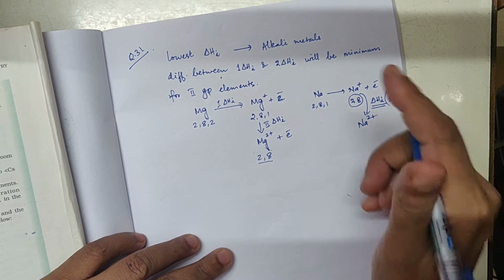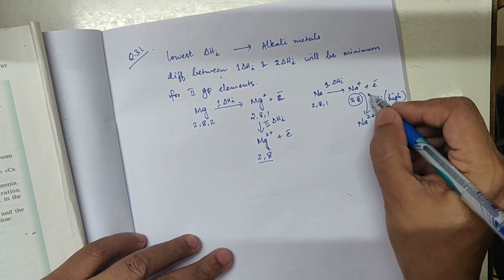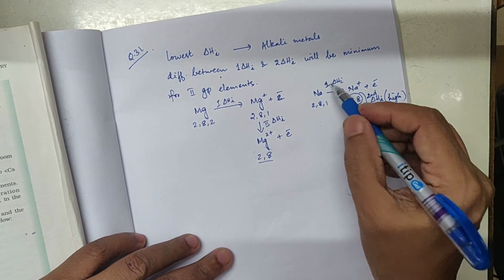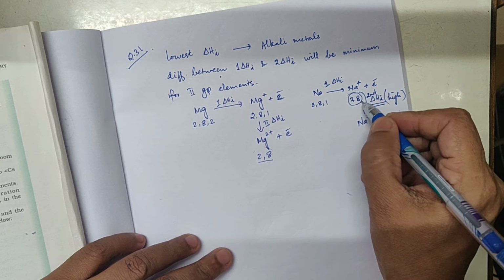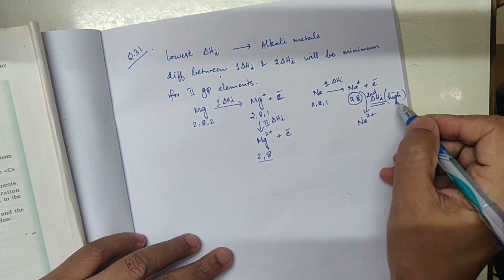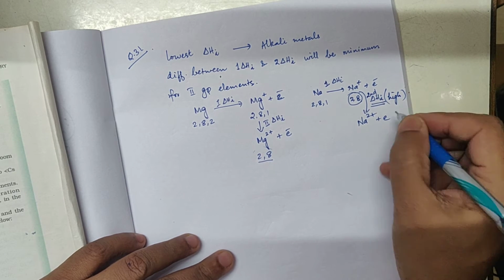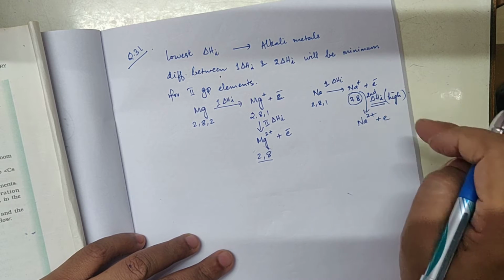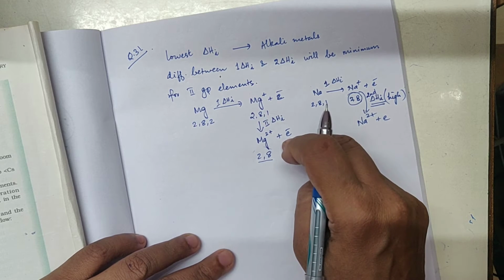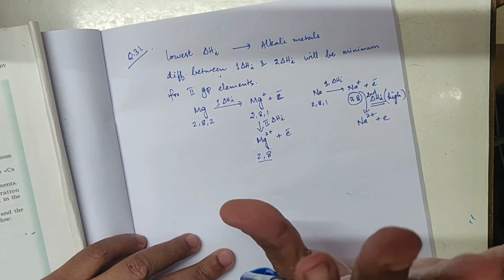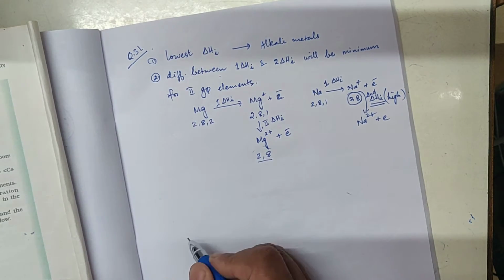So this is your first ionization enthalpy and this is your second ionization enthalpy, and the difference will be too high, because to remove an electron from a stable electronic configuration, you need to supply a lot of energy. So in the case of alkali metals, the difference between the two will be high, whereas in the case of second group elements, the difference between the first and second ionization energy will be nominal, or it will be minimum. Okay? So this is another guess that you have to remember.